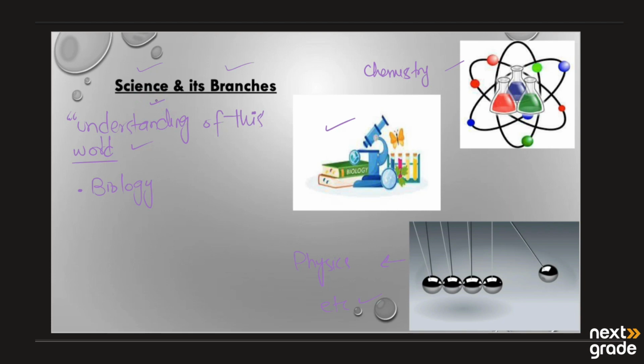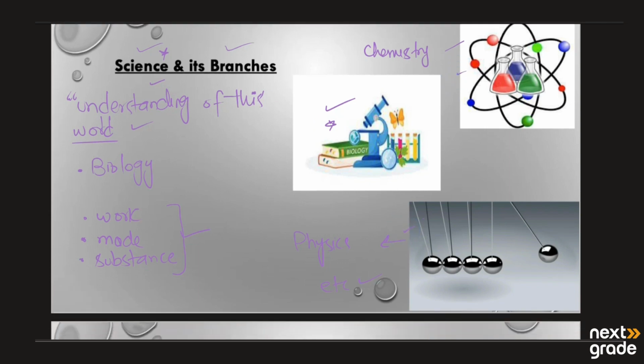This is known as science: how things work, how things are made, and what types of substances make up this world. All this understanding we call science. The main branches are biology, chemistry, physics, geology, and a lot more.